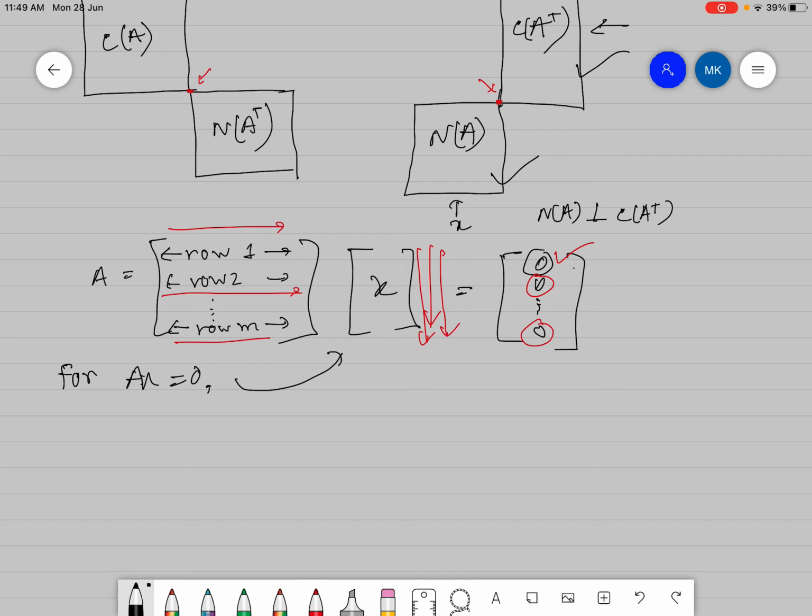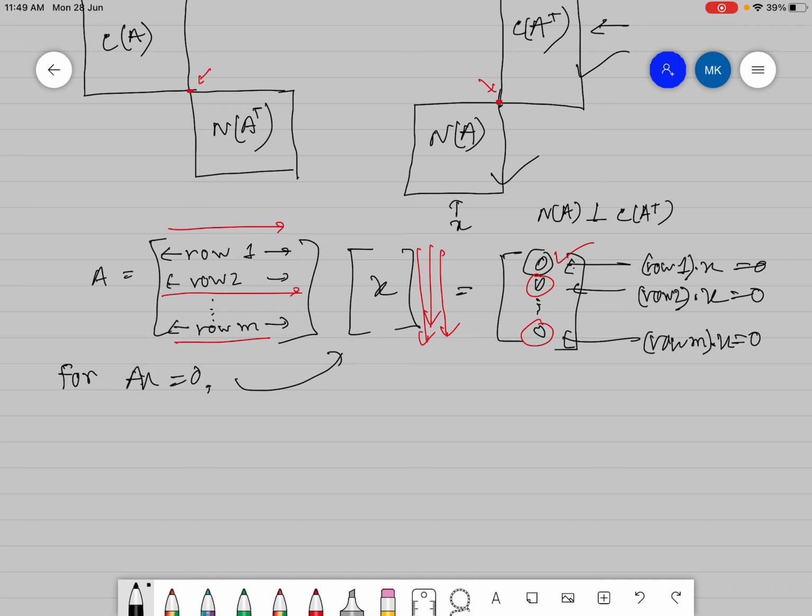So this is basically row 1 dot x equals 0. This is row 2 dot product x equals 0. This is row m dot x equals 0.